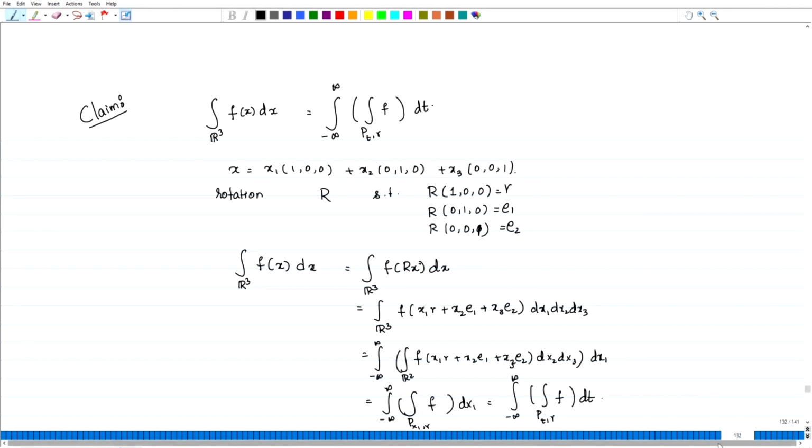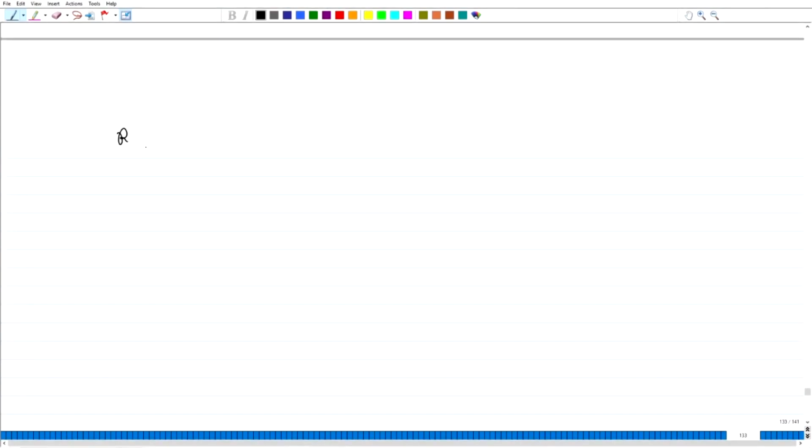Now, another thing we would like to observe is that this Radon transform Rf is a map on the set of planes. Planes are determined by t and gamma.